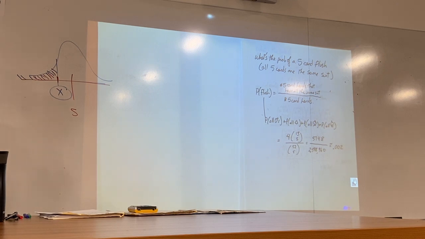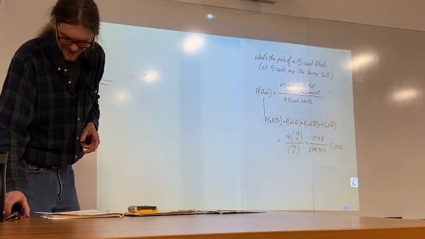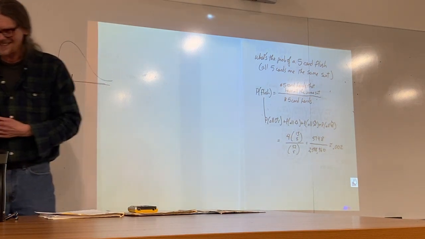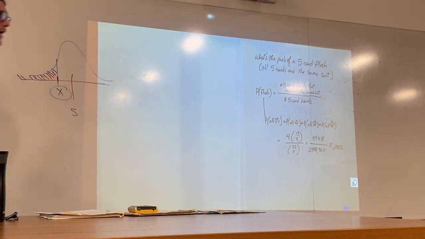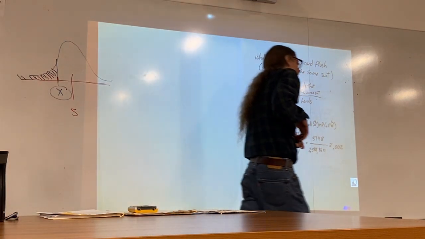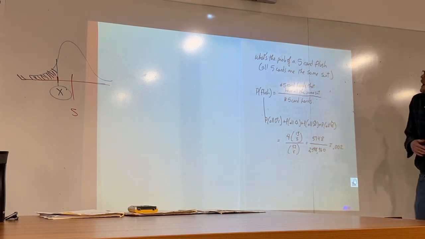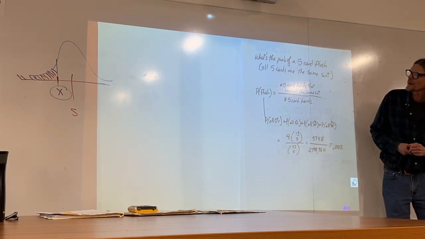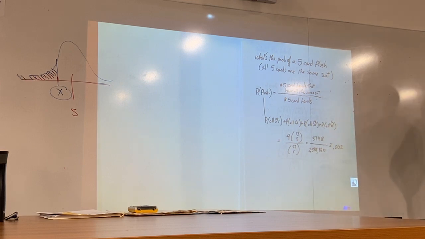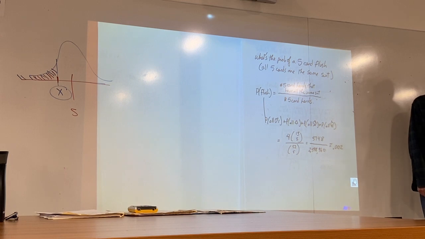So, let's see. We want to change gears a little bit, and as I said, we want to start talking about what's called random variables. The bottom line is, to be perfectly honest, I've been using random variables since day 1. It's almost hard to not use them.